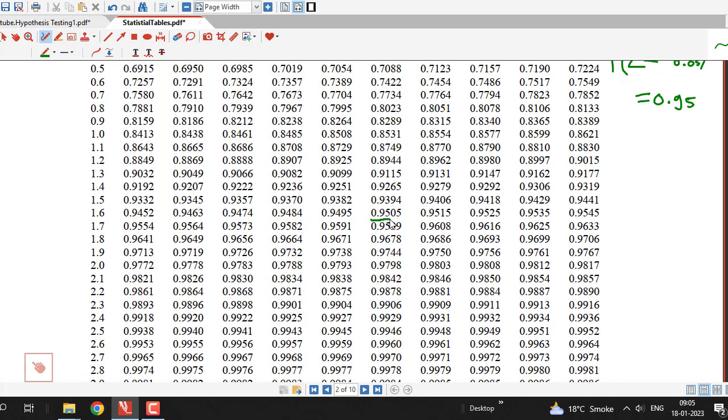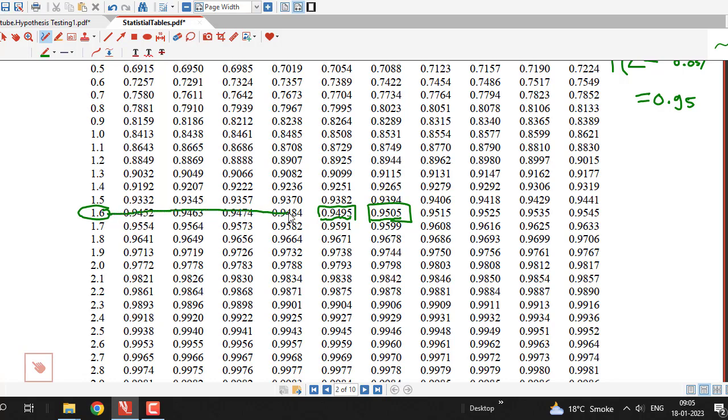This is 0.9505, near to 0.95, and this is also near to 0.95. If we round these two values to 2 decimal places, we will obtain 0.95. So what we can do is find the values of Z corresponding to both of these values, and then take their average.